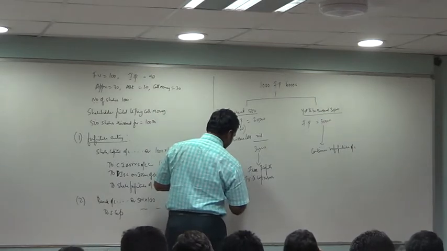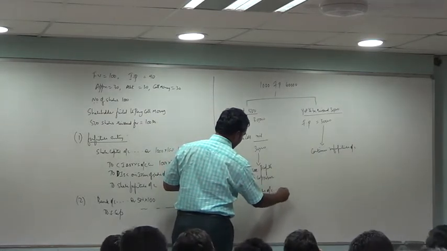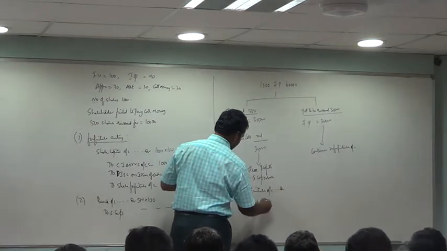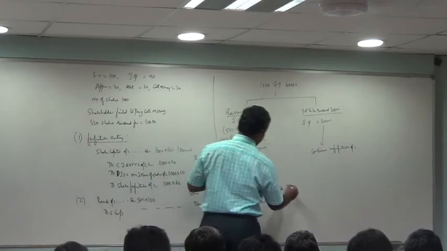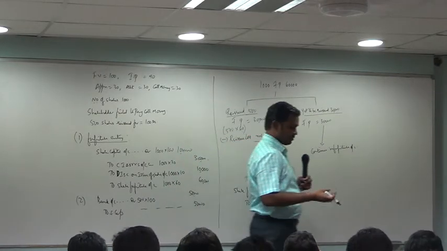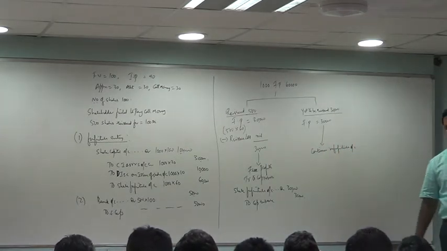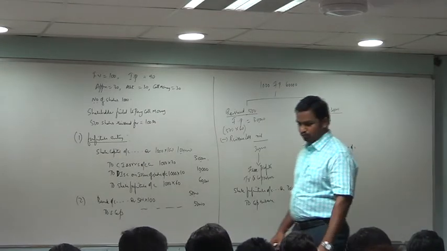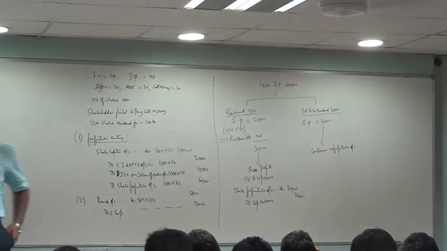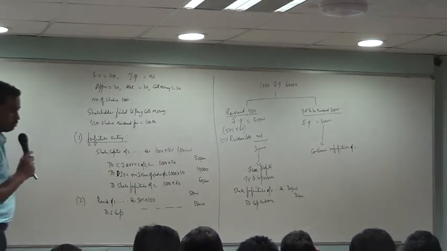We'll pass an entry: share forfeiture account debit, to capital reserve 30,000. Is it clear?